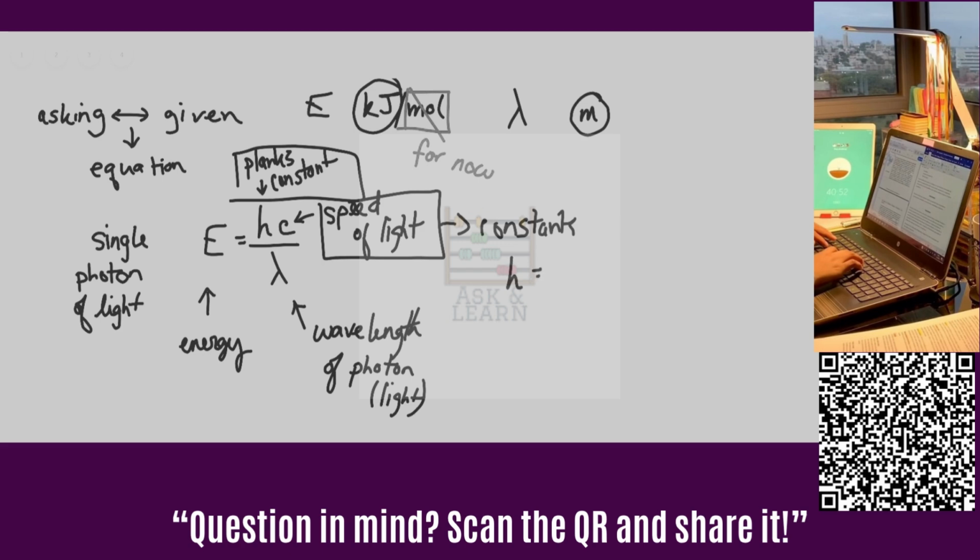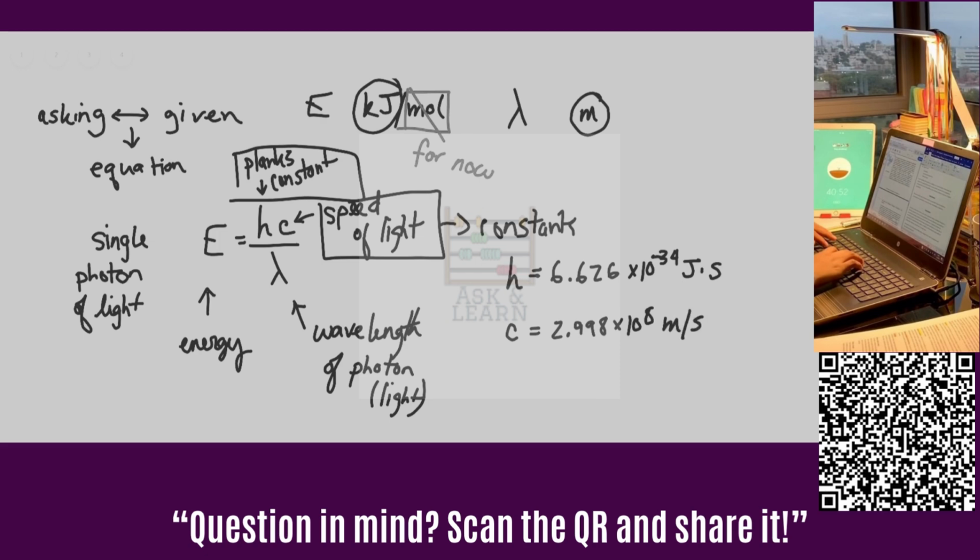For this problem, I looked up the constants in the units we want. Planck's constant is 6.626 times 10 to the minus 34 joule seconds, and the speed of light is 2.998 times 10 to the 8 meters per second.